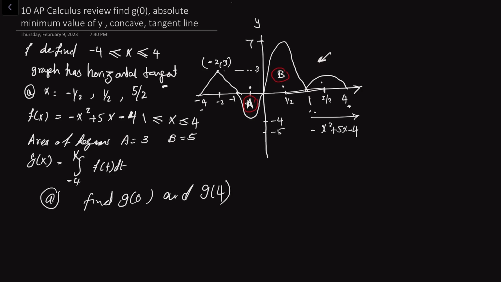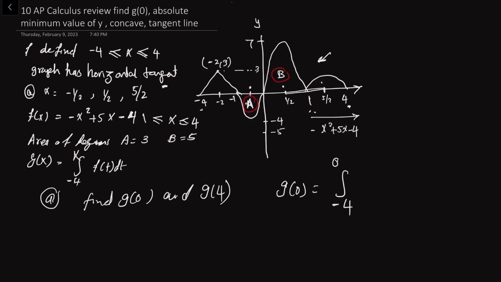So we want to find the function at x value 0, and at x value 4. In other words, g of 0 is equal to the integration from -4 to 0.